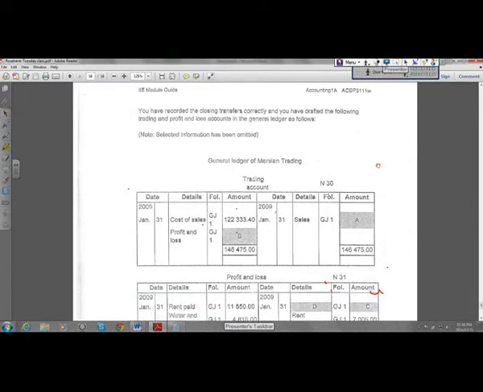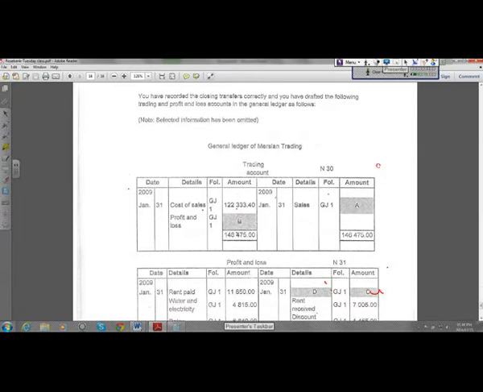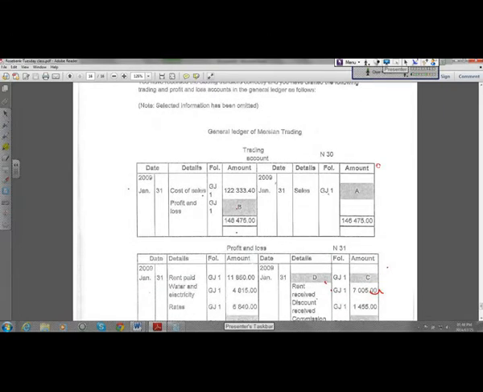purposes of these accounts. Remember your trading account. When you trade, we're talking about buying and selling. That's trading.